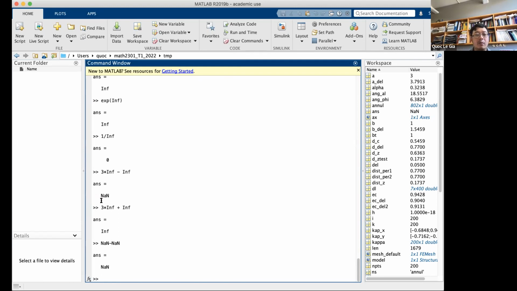Now the next question is, what is the output of the following command? If you have 4 colon minus 2 colon minus 3, what do you get?